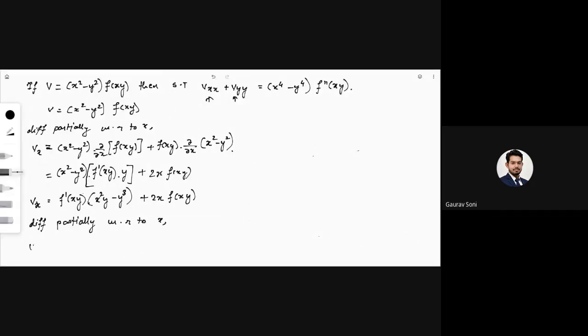So we will have Vxx is equal to the partial derivative with respect to x of f dash of xy in bracket x square y minus y cube, plus the partial derivative with respect to x of 2x f of xy.